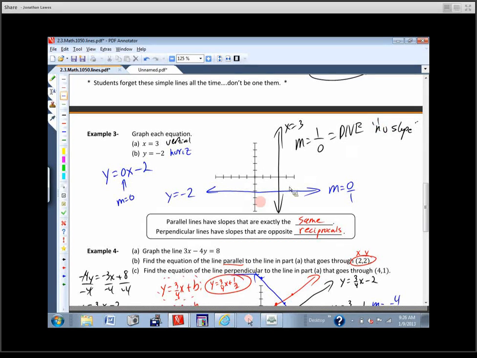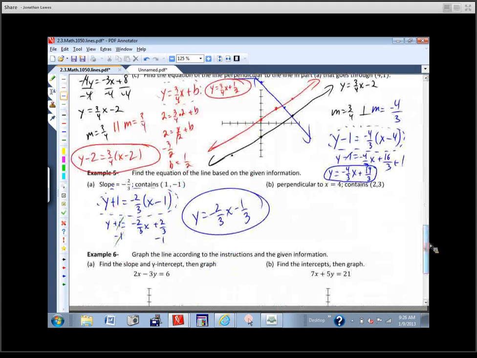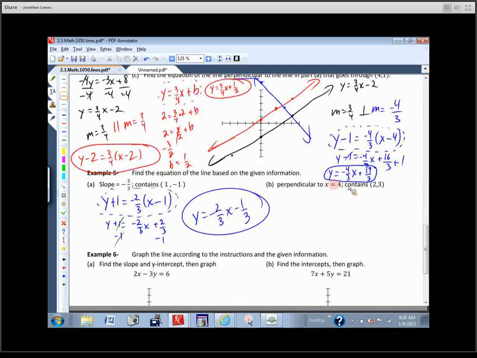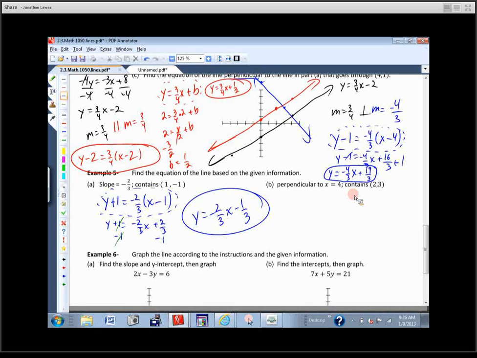Horizontal and vertical are perpendicular to each other. So on this problem right here, if this is a vertical line, which has no slope, perpendicular to vertical would be horizontal. Horizontal would have 0 for a slope, and we know it's got to be a horizontal line.